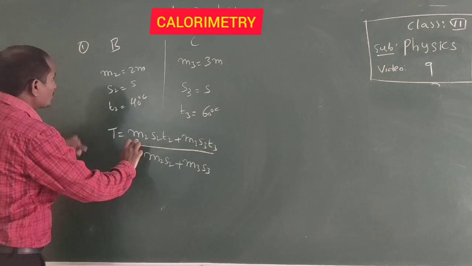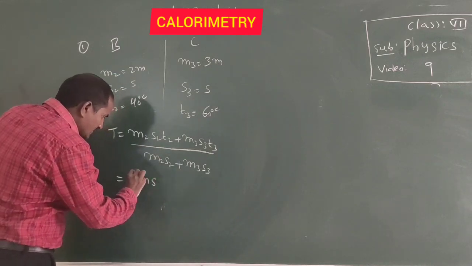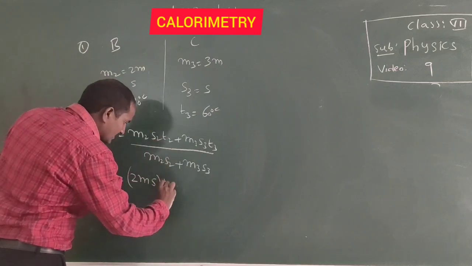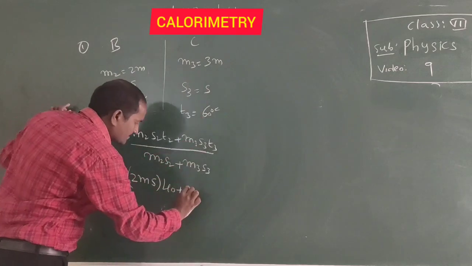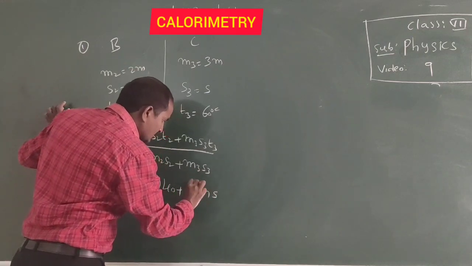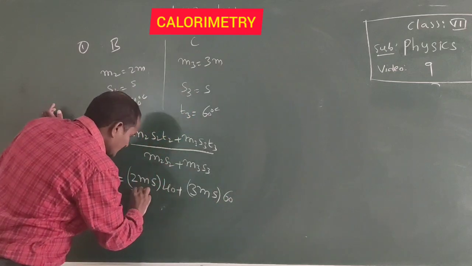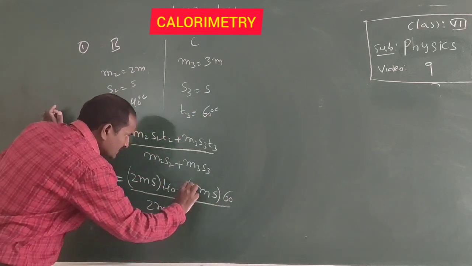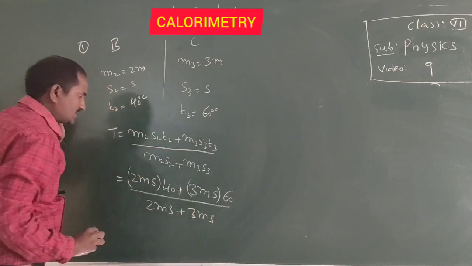So here M2 equal to 2M, S2 equal to S, T2 equal to 40 degrees Celsius, plus M3 equal to 3M, S3 equal to S, T3 equal to 60 degrees, by M2 2M into S, M3 3M into S.